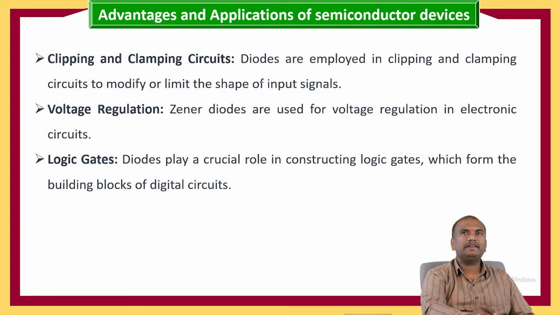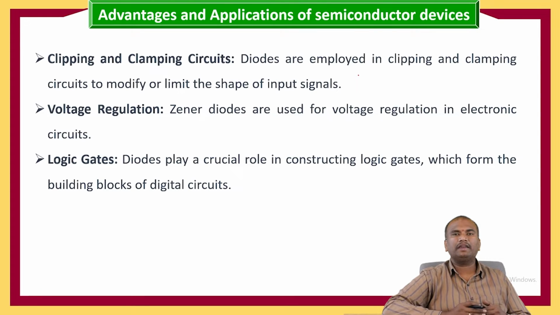Clipping and clamping circuits. Diodes are used in clipping. Clipping is nothing but cutting some portion of the waveform. So we can use these diodes in clipping as well as in clamping circuits.